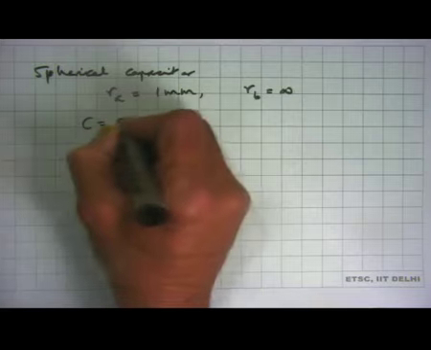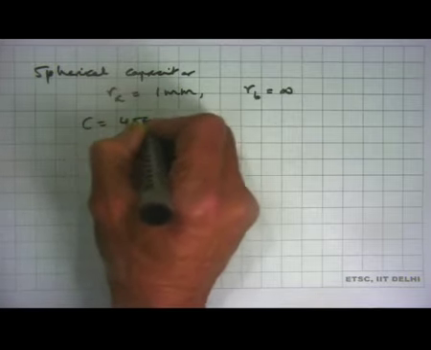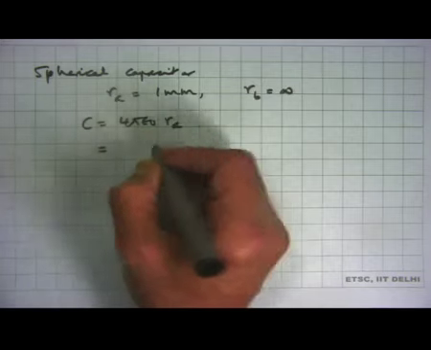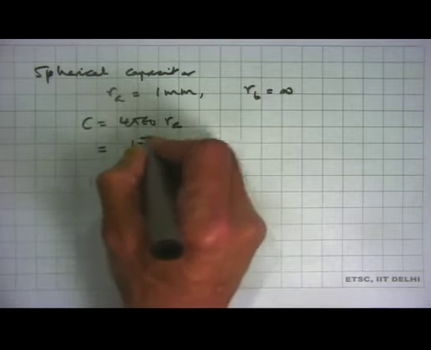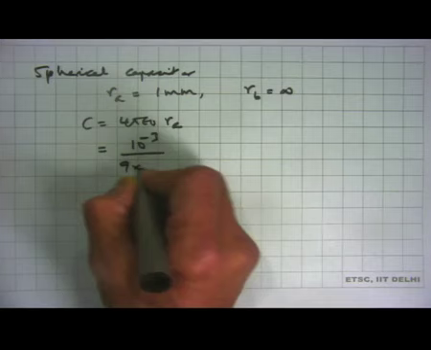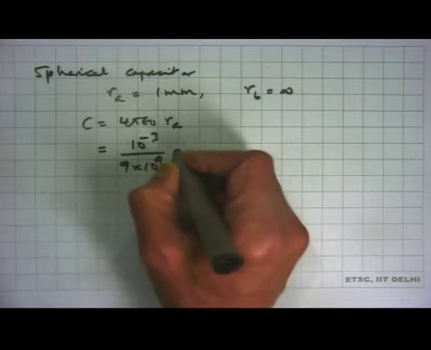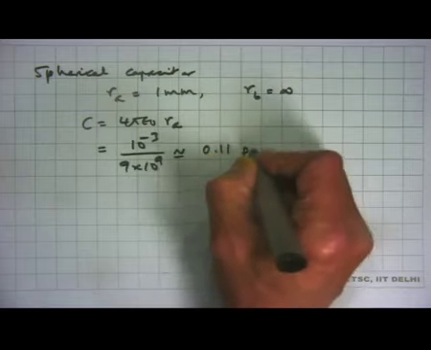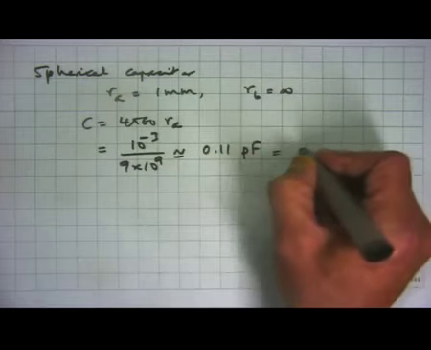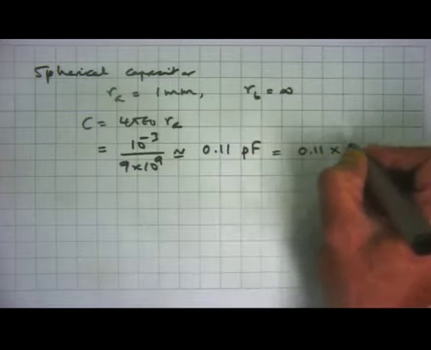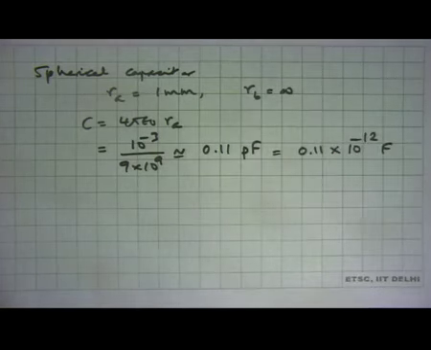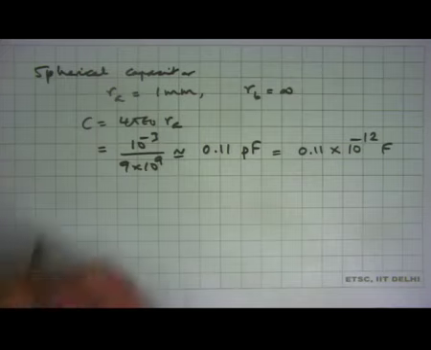So, C is equal to 4 pi epsilon 0 R A, which is equal to 10 to the minus 3 by 9 times 10 to the power 9, which is about 0.11 picofarad, which is actually 0.11 into 10 to the minus 12 farad. So, that is the capacitance of a sphere of radius 1 millimeter.